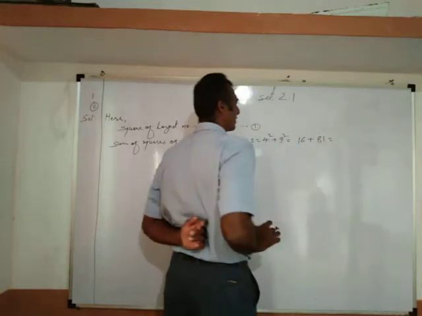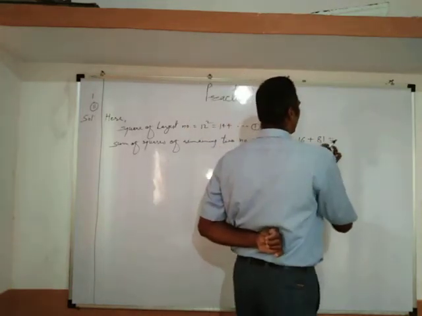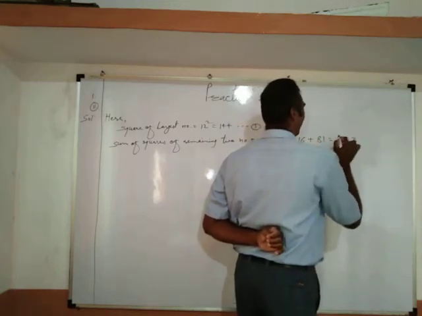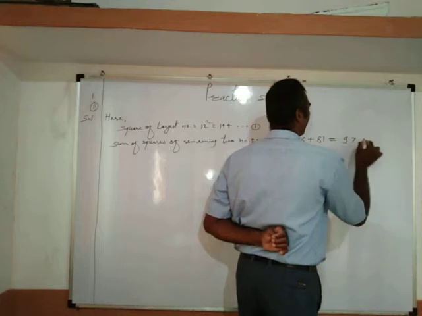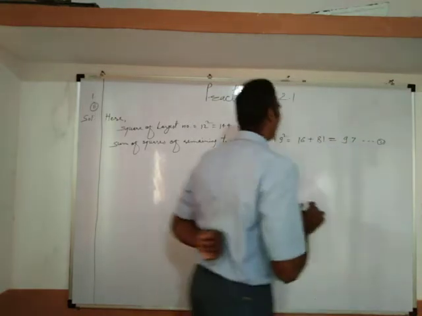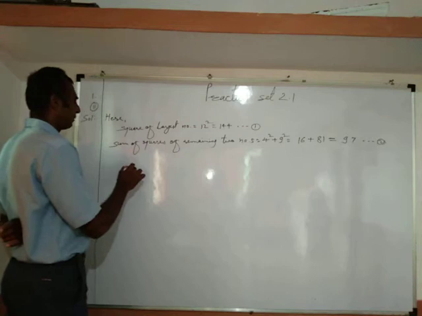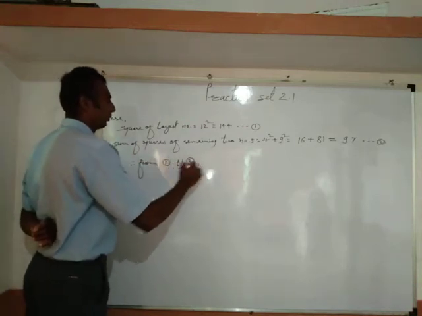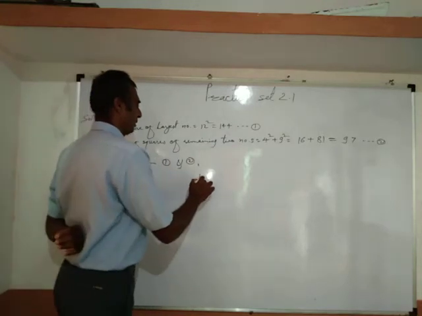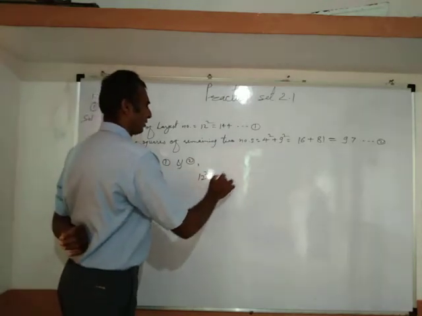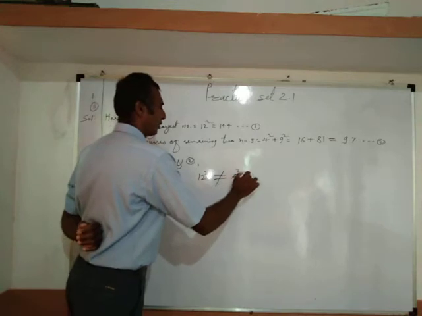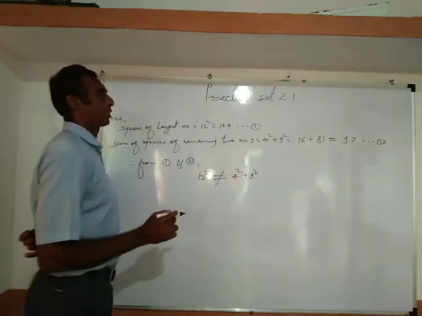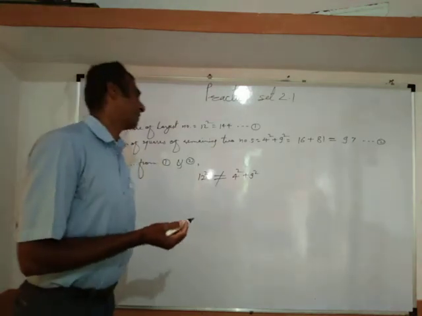And the sum of 16 and 81, let's add them. 6 plus 1 gives us 7 and 1 plus 8 gives us 9. Means that the sum is 97. Let us call it equation second. And therefore, from 1 and 2, 12 square is not equal to 4 square plus 9 square, because 12 square is 144 and the sum of the squares of 4 and 9 is 97.